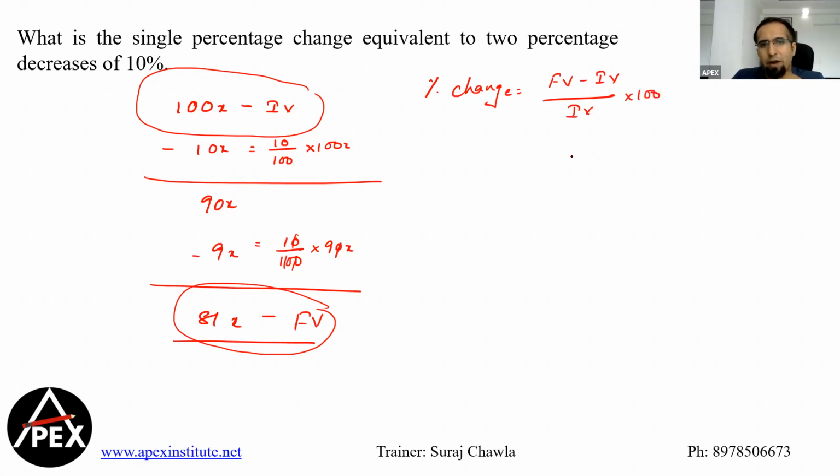So what am I getting here? Final value is 81x, initial value is 100x, by initial value 100x into 100. So what am I getting? That is equal to a 19% drop. Now is it clear?